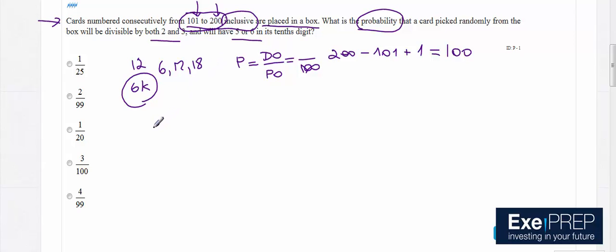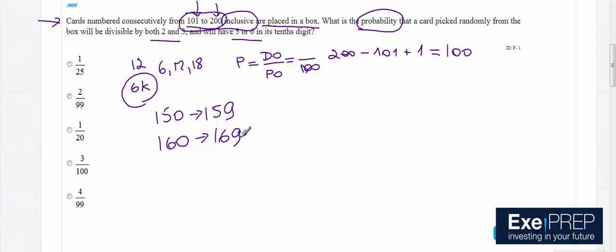To do that, I would say the following. We can have 5s only in the range of 150 to 159, right? Only in this range. And we can have 6s in the tens digit only in the range of 160 to 169, right?